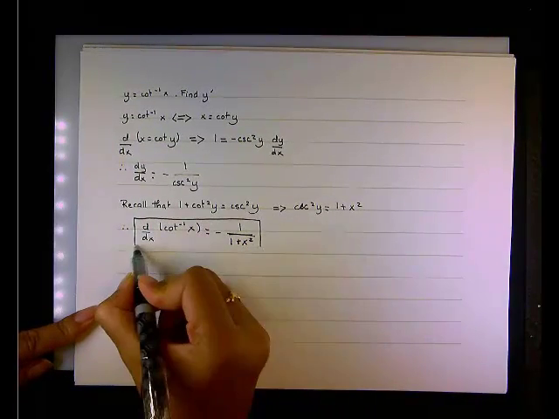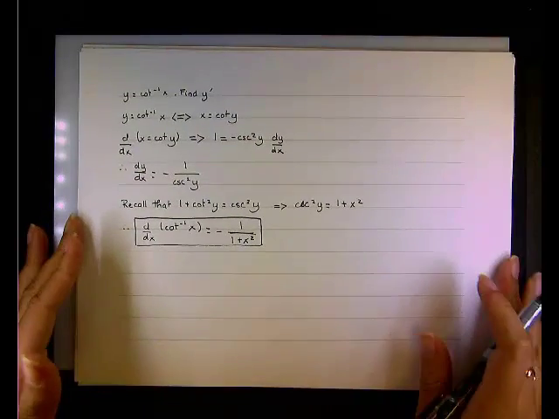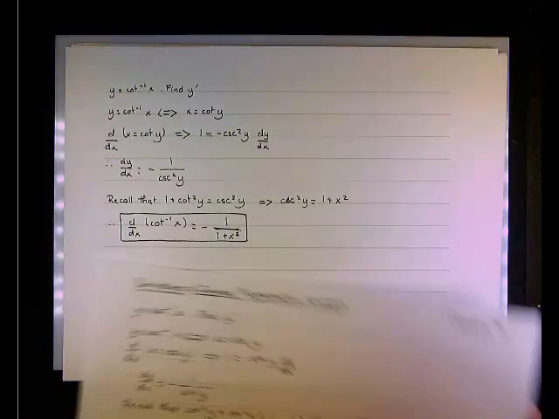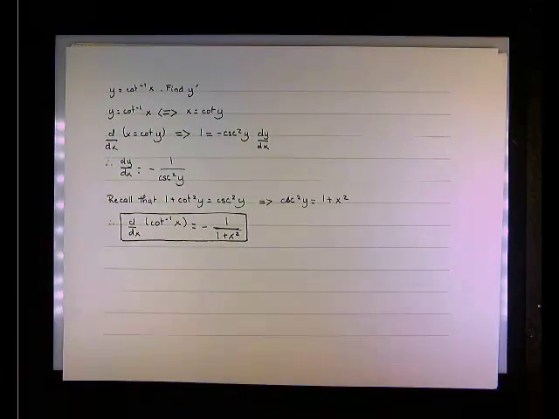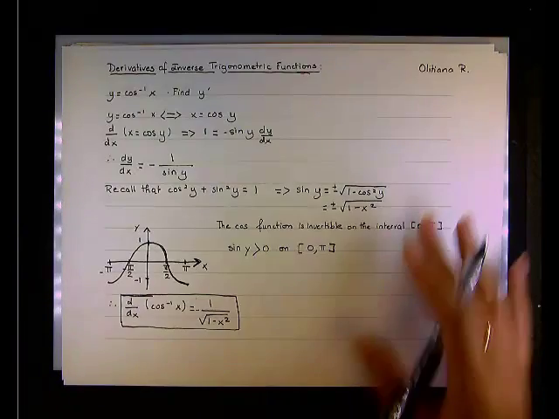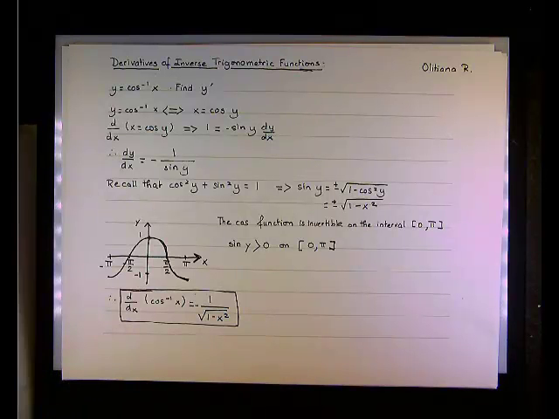Great. So if you place side by side the derivative of the inverse sine and next to it the derivative of the inverse cosine, and do the same with the derivative of the inverse tangent and the inverse cotangent, you see that they are the same.